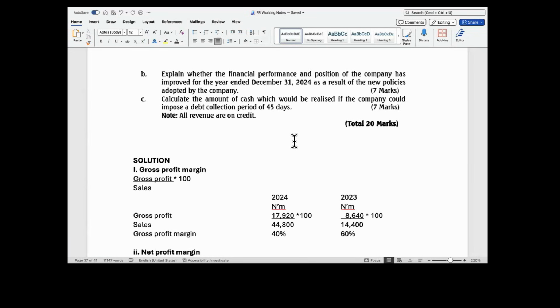They gave us seven marks. What can we do here, guys? How do we approach this? Is there anyone that can help us? How do we approach this one?